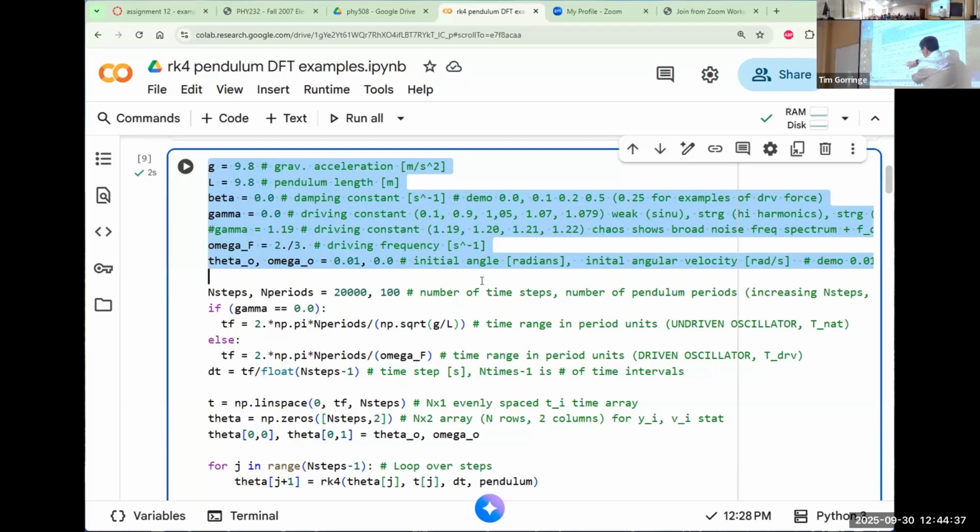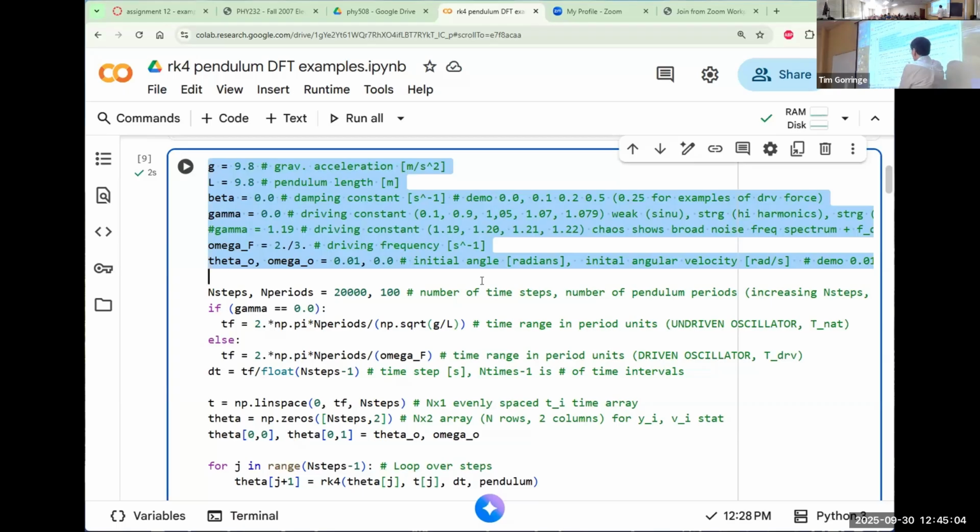And then the very last pair of lines here is where we calculate the solution by calling our function RK4 that will solve the differential equation that's specified in the argument of the RK4 function. So I'm going to apply our RK4 function to the pendulum differential equation.